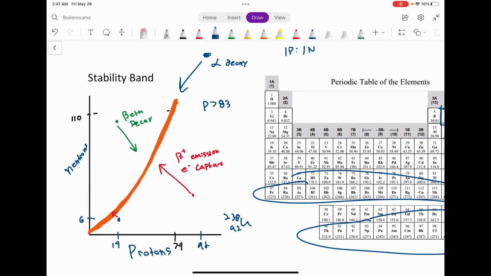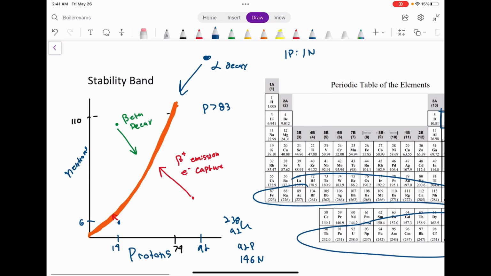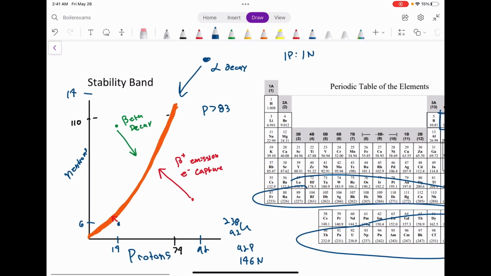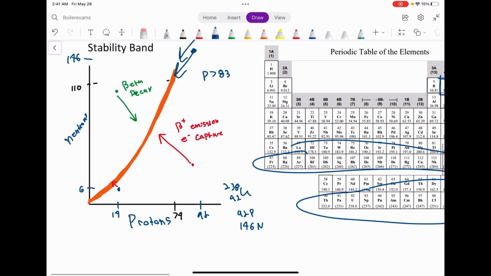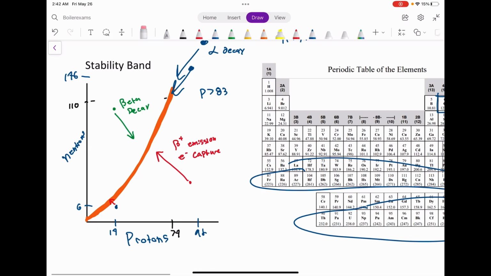So we're at 92 protons, 146 neutrons. It's somewhere up here. We're up in this region, and we're too big, so we're just going to undergo alpha decay to approach the line. So those are some examples: if they give you a problem giving you an element like this, you can predict what kind of nuclear reaction it's going to undergo.